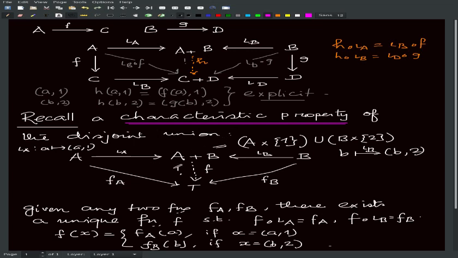What is the property? The characteristic property of the disjoint union. So what is the property that I have stated? It looks like this. There are two maps along with this. Whenever there are two other maps from these endpoints, there is a unique way to fill this up.